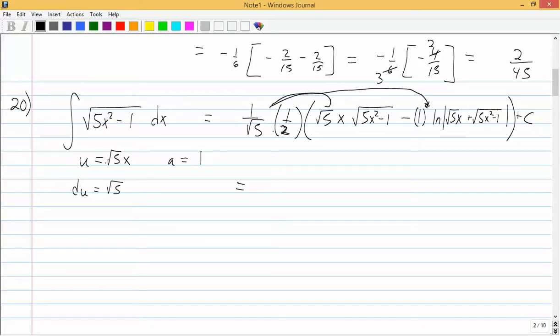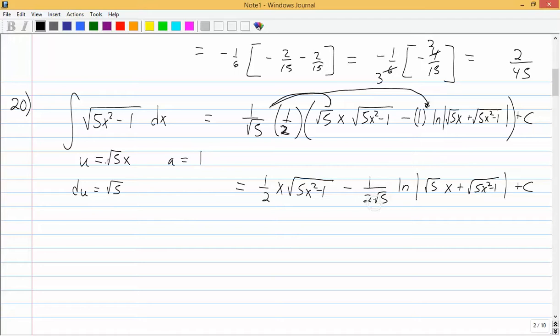The square root of 5's cancel out when you multiply that in there, and just leave you with 1/2 x square root of 5x squared minus 1, and that's going to be minus 1 over 2 square root of 5 natural log absolute value square root of 5 times x plus the square root of 5x squared minus 1 plus c.